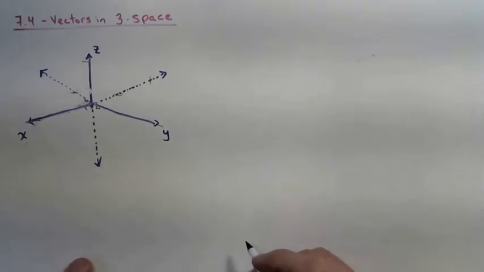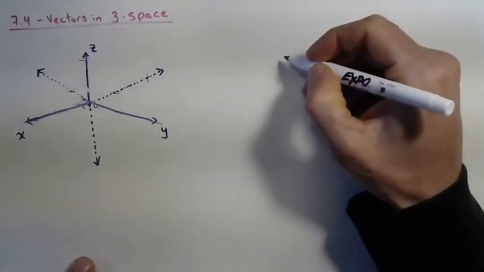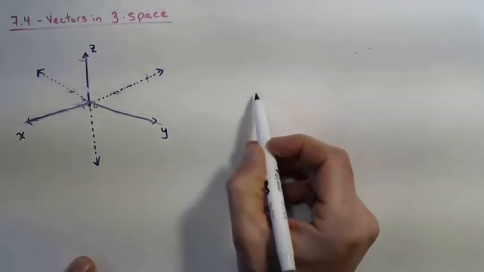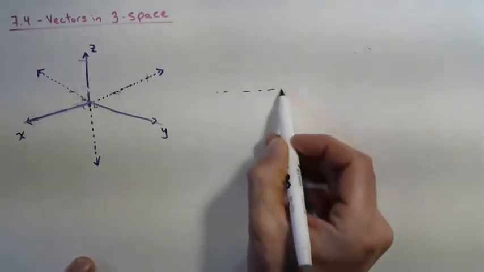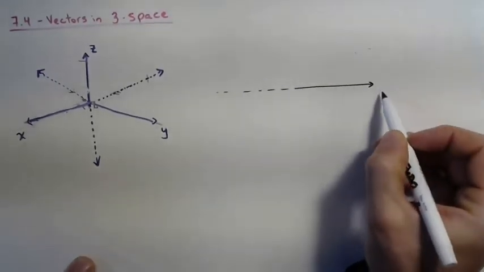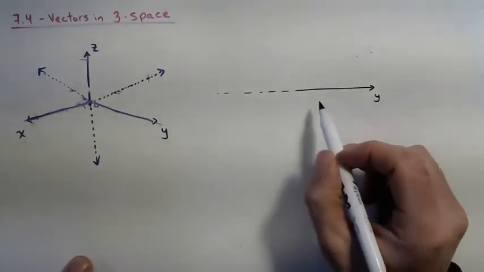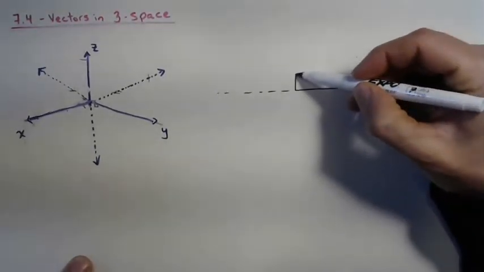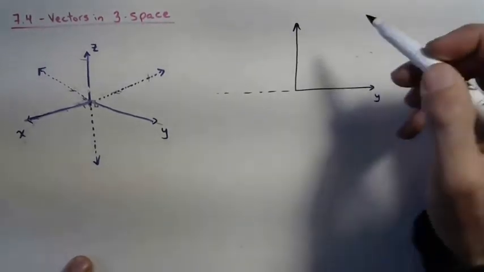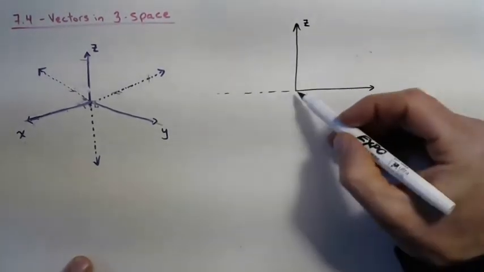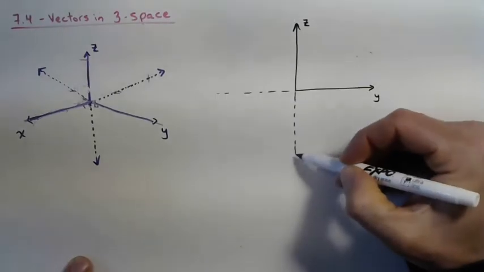So I'll go ahead and draw that. You can see what that looks like. Again, if you held your hand out, here's the y-axis, and your arm is coming from the positive y-axis. Your thumb is pointing up in the positive z direction. So there's our negative done by a dotted line.